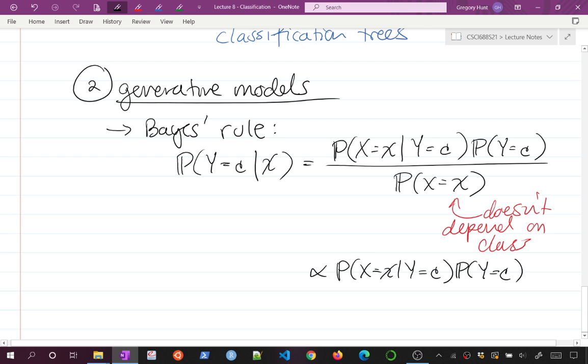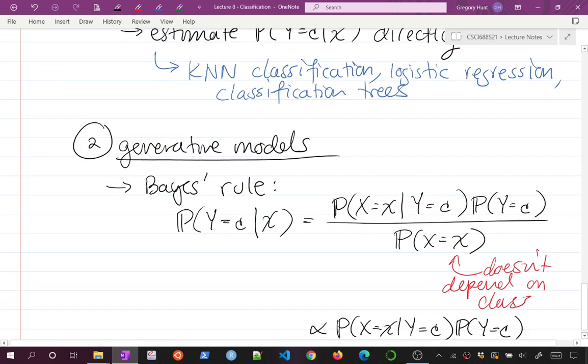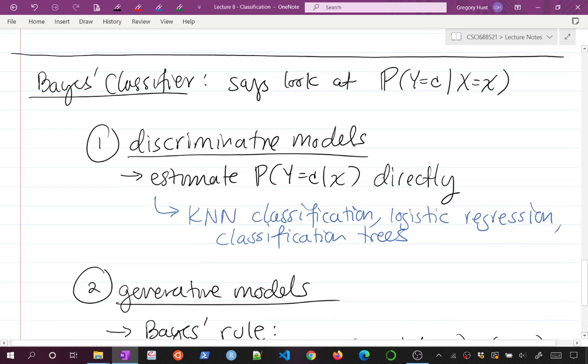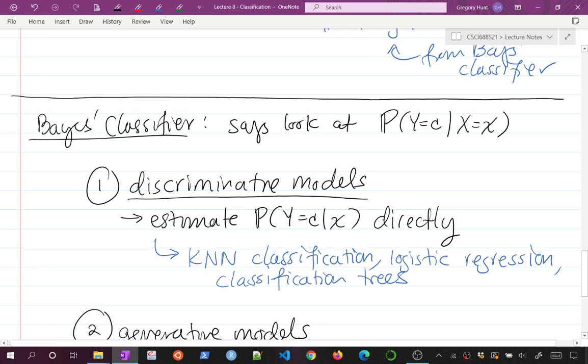And so we can actually just look at these. The way that a generative model works is, instead of modeling above, which says, basically, when I say estimate y given x, you have to have some model of y given x so you can calculate probability y equals c given x, right?